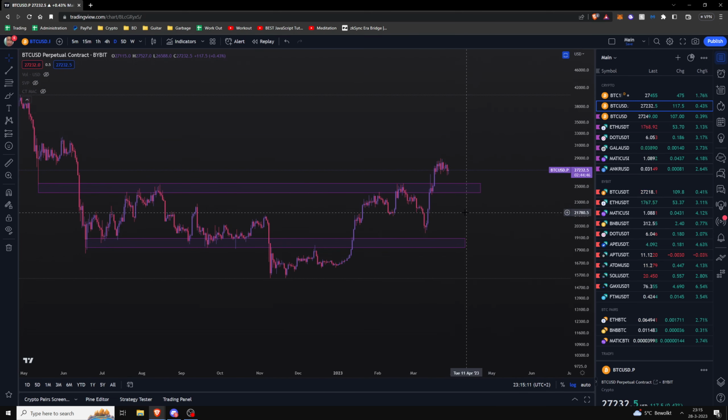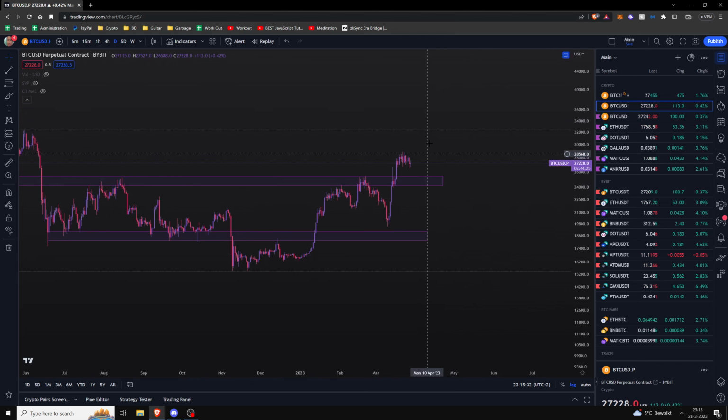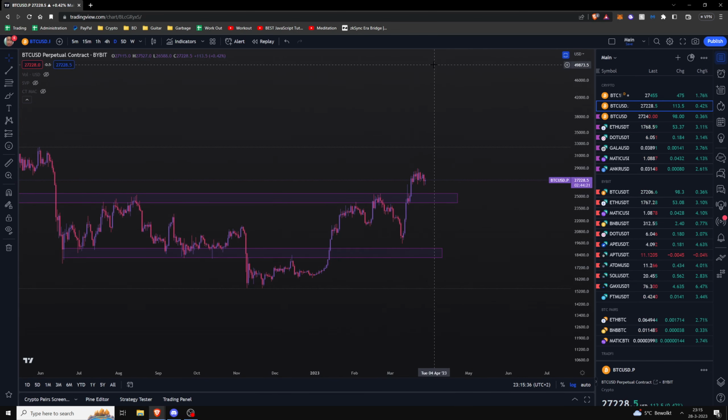And ranging markets actually give us a lot of opportunity as traders that the average investor would not get anything out of, right? Because if price is moving sideways, most people that are investing are not going to benefit unless the price keeps going up, or the price keeps going down, depending on what side they play. But what we can do as traders is look to play these bounces.